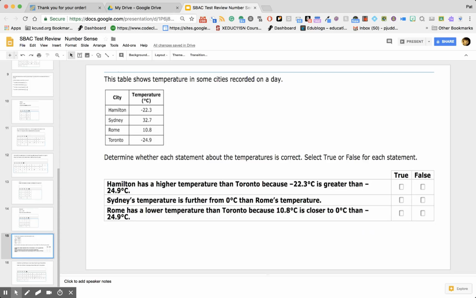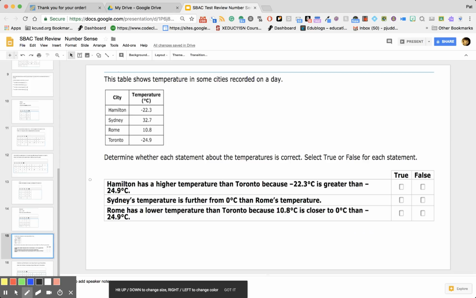Rome has a lower temperature than Toronto because 10 and 8/10 Celsius is closer to 0 than 24 and 9/10 Celsius. So consider the chart, consider the temperatures and what they're asking. And again, we're going to do this like we did the other one.